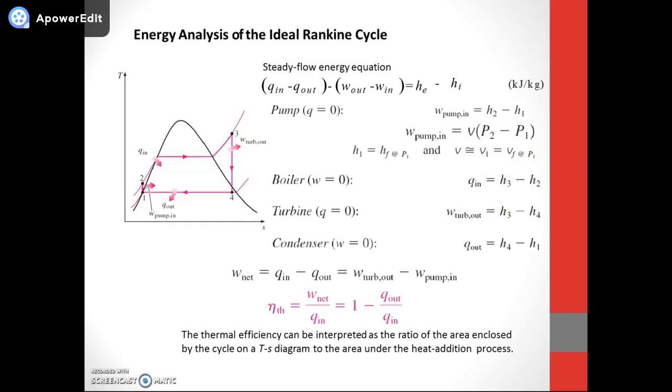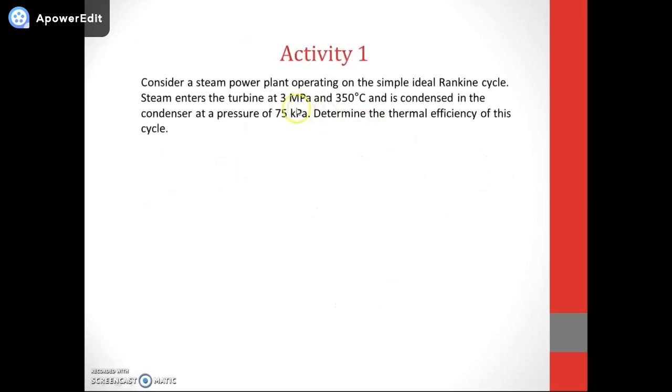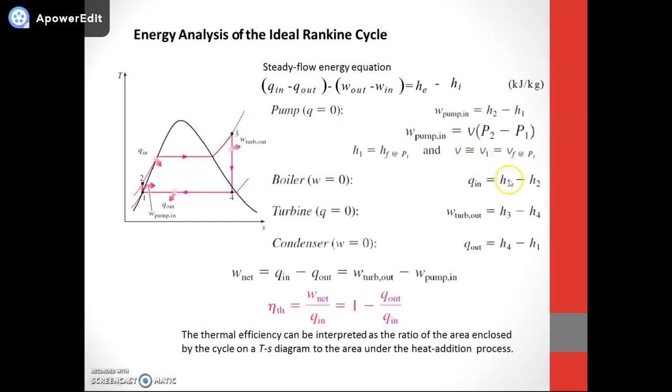Using the properties table, at a pressure of 3 megapascal and temperature of 350 degrees Celsius. When you have found the properties table, find the value of H3 at this state. So you are able to find H3.